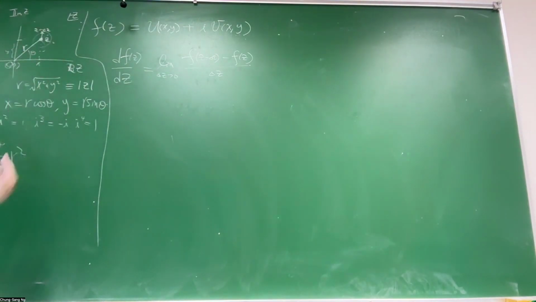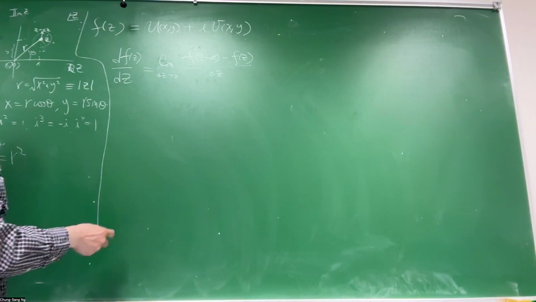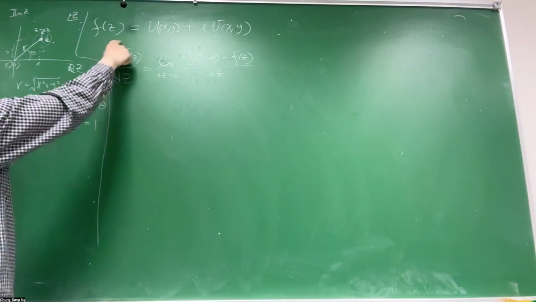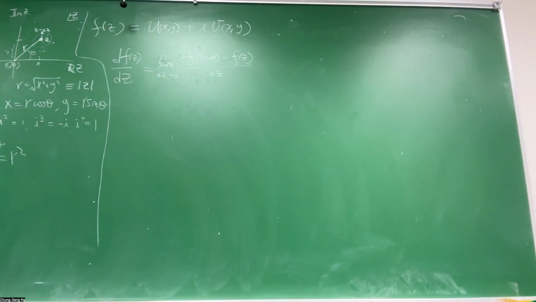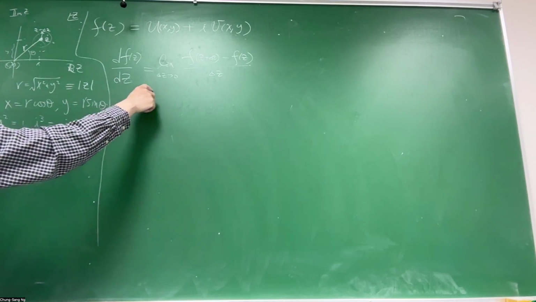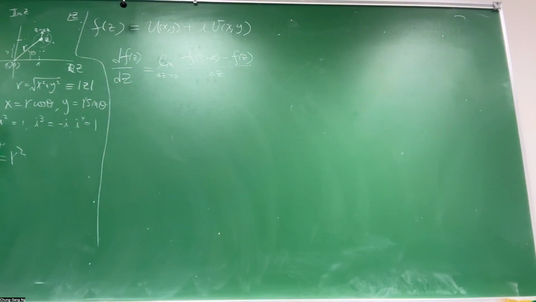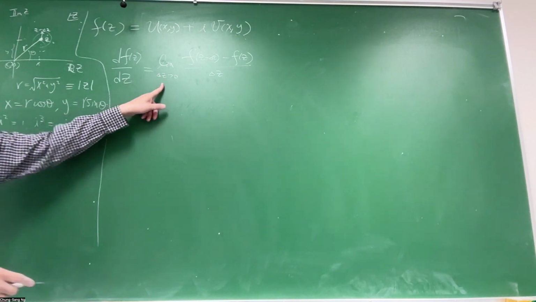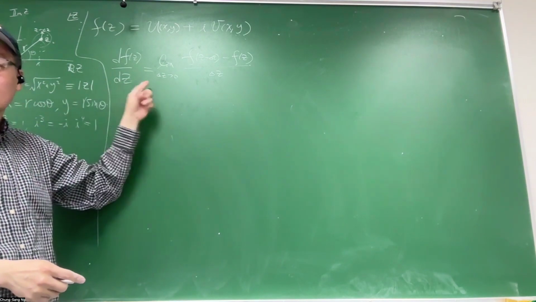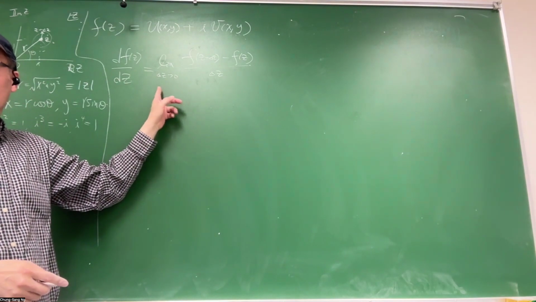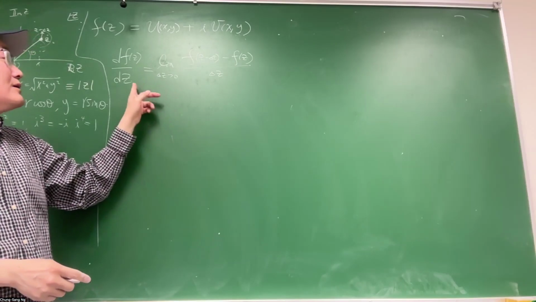You can go to 0 from different directions. So whether this derivative exists, or what we call the function being differentiable, depends on the property that this limit is independent of how you approach 0, what direction you approach 0 from.